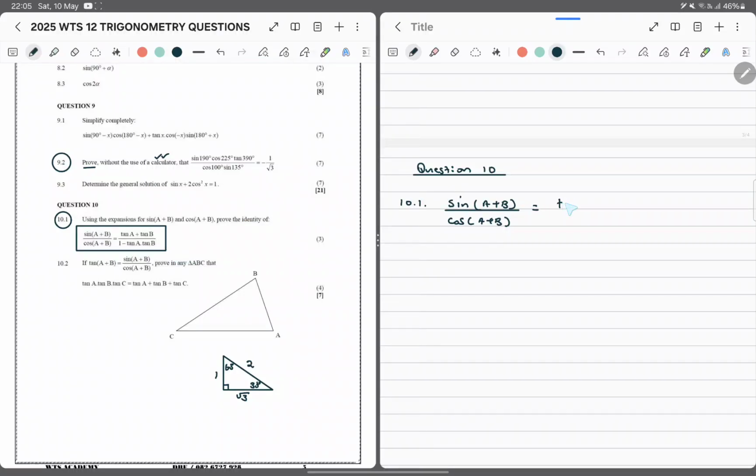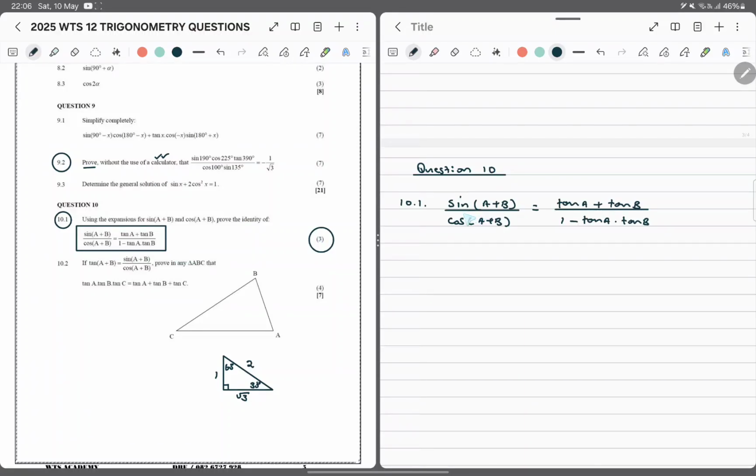We need to show that this is going to be tan a plus tan b divided by 1 minus tan a tan b. And in fact, I saw you guys ignored the video that I did on the compound angle identity, and you think you can escape it. These could be easy marks if you pay attention.